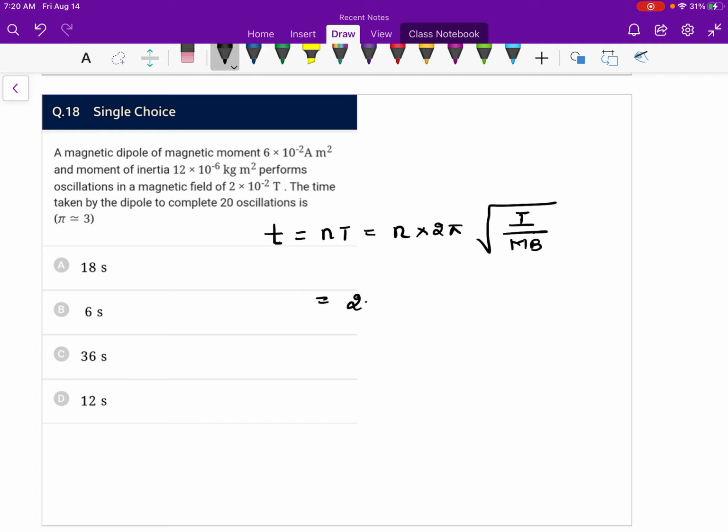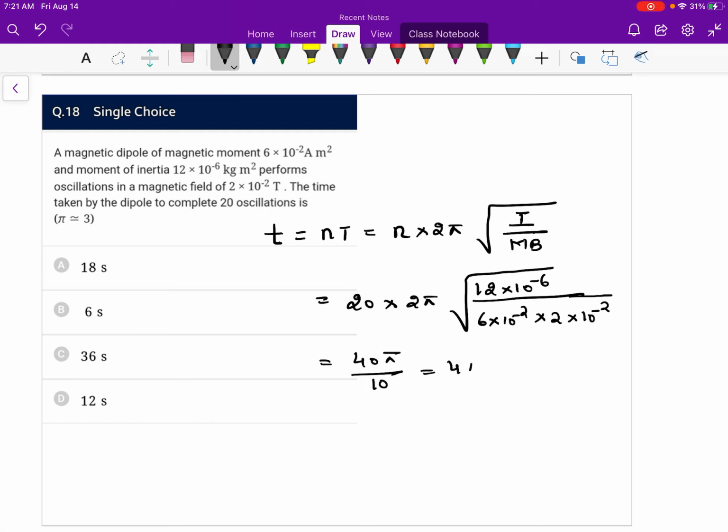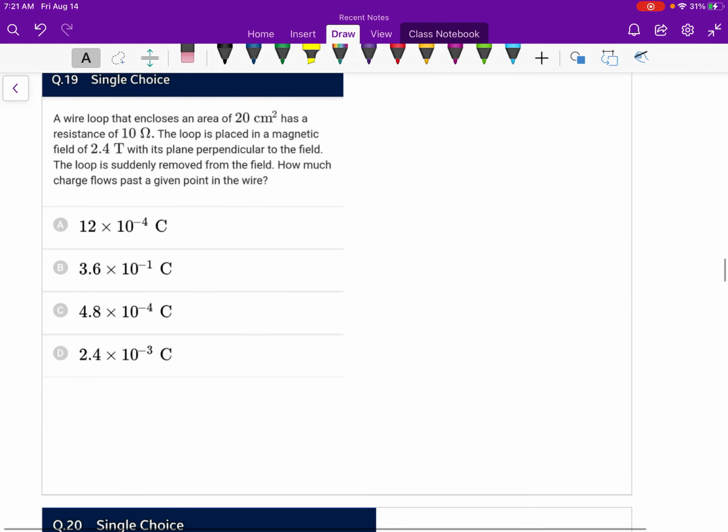So number of oscillations 20 into 2 pi, moment of inertia 12 into 10 to the power minus 6, magnetic moment 6 into 10 to the power minus 2, and B is 2 into 10 to the power minus 2. So this is 12 into 10 to the power minus 4 upon 12 into 10 to the power minus 2, so 10 to the power minus 2, so by 10. So this is 40 pi upon 10, so that is 4 pi, so approximately 12 seconds. So A is the correct option.